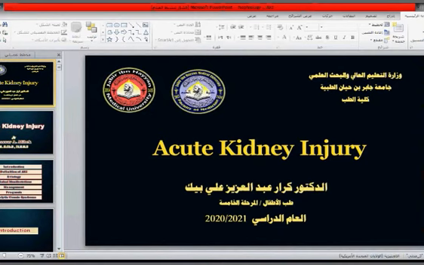Talking about the post-renal causes of acute kidney injury. Post-renal, as we said, is about something outside, beyond the kidney. Of course, the commonest cause in pediatrics is the posterior urethral valve, or it may be ureteropelvic junction obstruction, or they call it the UPJ obstruction.